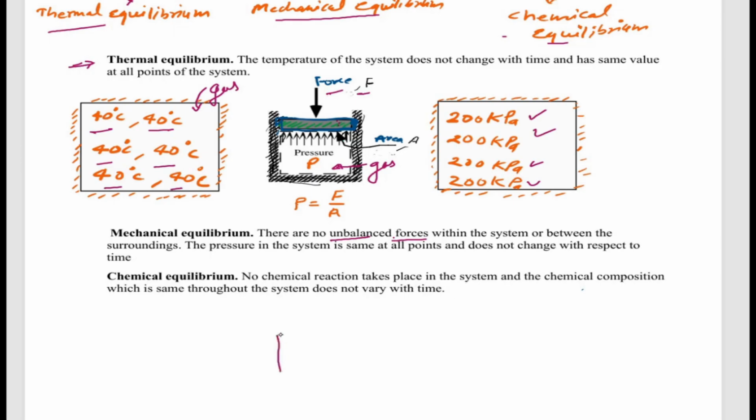If there is a mixture of gases, but these gases are not reacting, meaning their chemical composition does not change with time and is the same throughout the system, then this is called chemical equilibrium.